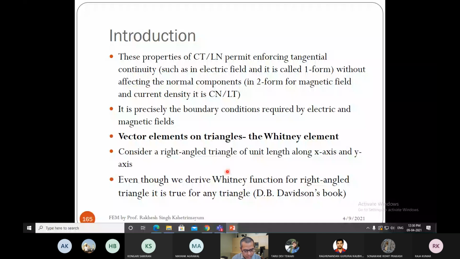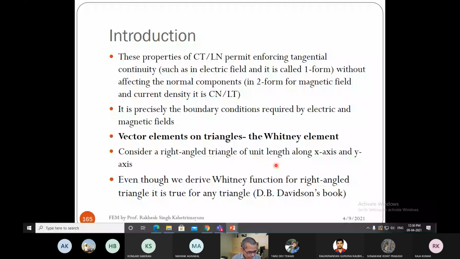We will do it for right angle triangle because it's easier, but this holds true for any kind of triangle.